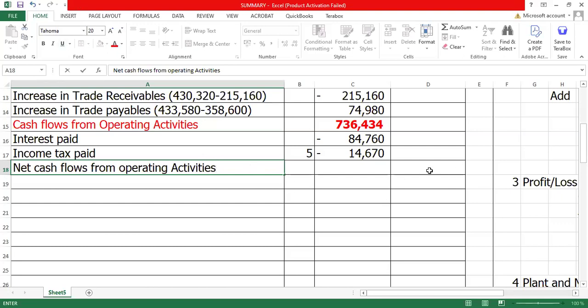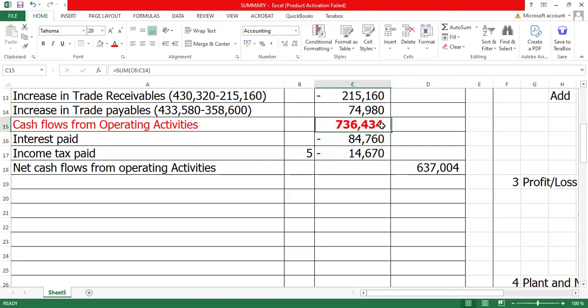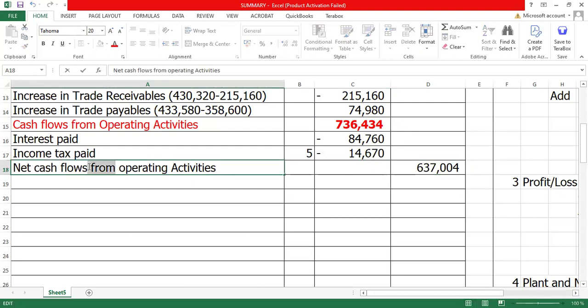If you get this figure minus this, and you get a negative answer, you don't say net cash flows from, you say net cash flows towards operating activities. You say from if the answer is positive. Okay, so we have net cash flows from operating activities.